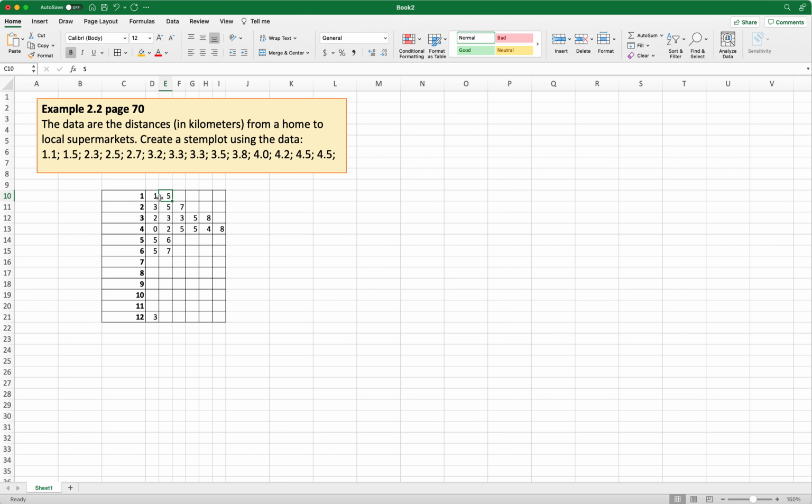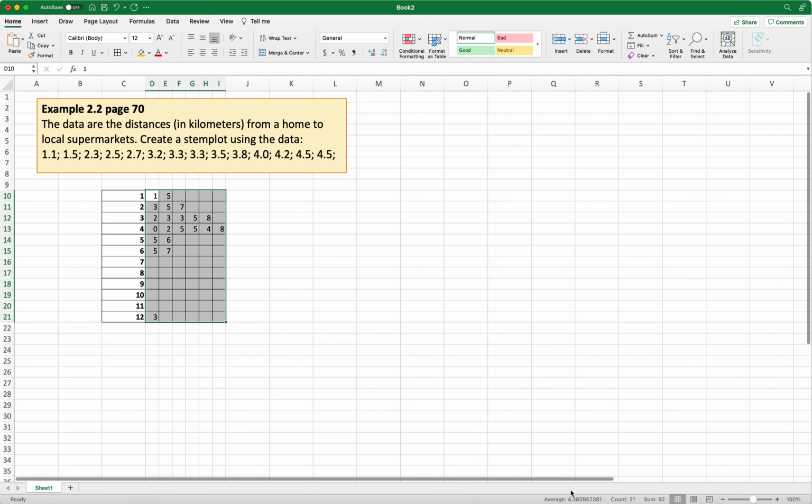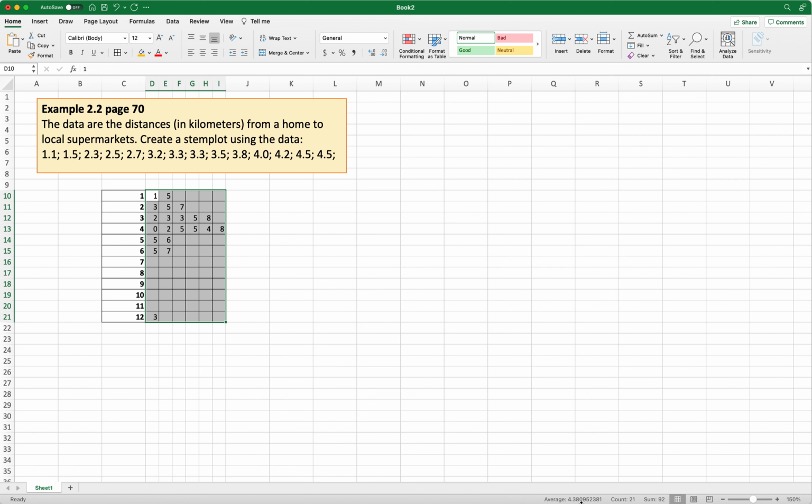How many points do we have? It looks like I have 21 of them, and it tells me the average is 4.38. So thank you, Excel, for that. We have 21 data points. Ooh, I still have the same data points here.